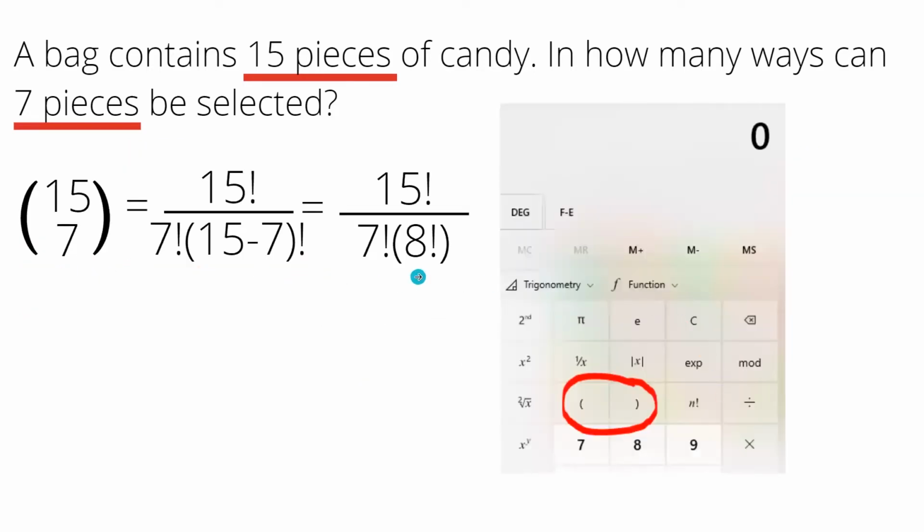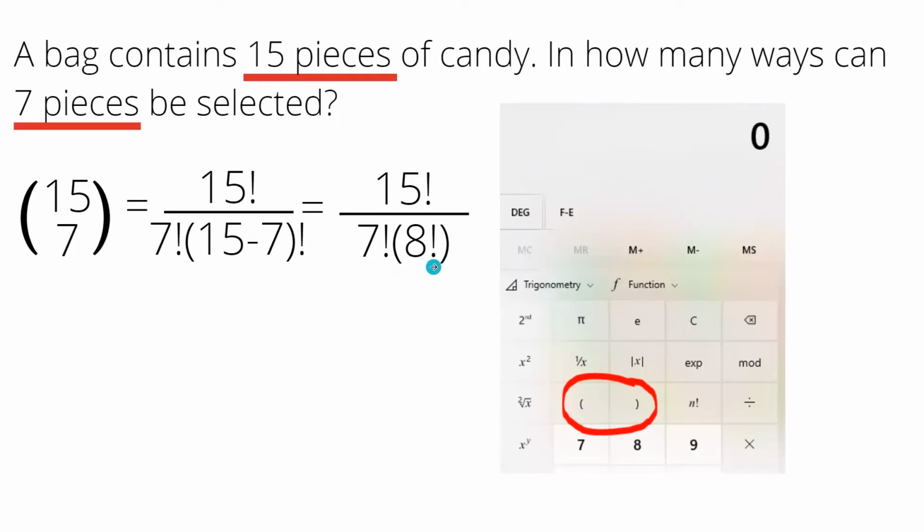So here's our problem, and this is what I want to figure out the answer to. I pulled up my scientific calculator on my computer again, and here's your factorial button. You already know how to use it, but you're also going to use these parentheses buttons. The reason you have to have the parentheses is because of this denominator.